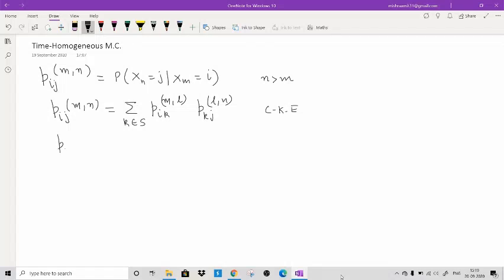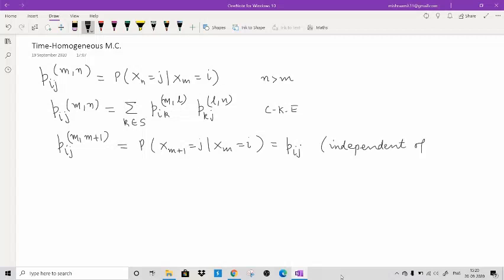Now, if I focus on the one step transition probability, it is the probability that X_{m+1} is j given that X_m equals i. Now, if this probability is independent of m, then we call our process a time homogeneous Markov chain.